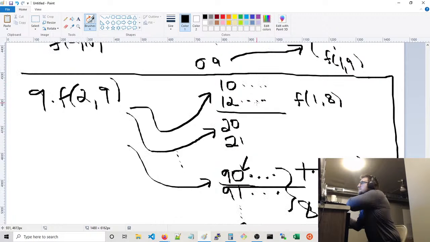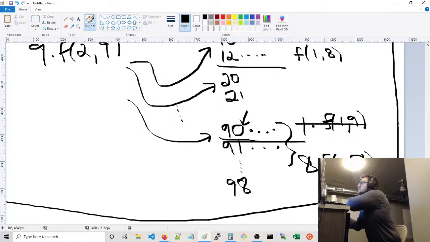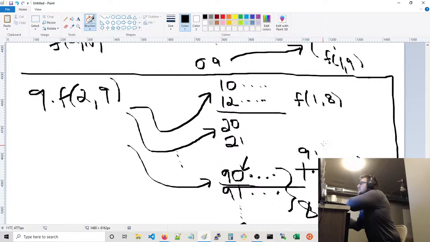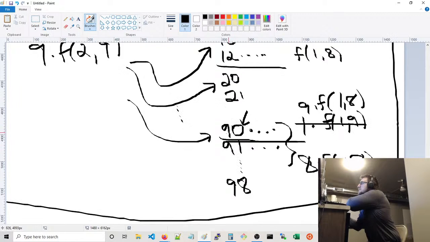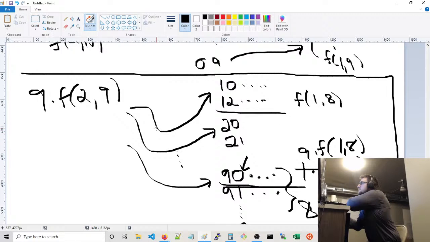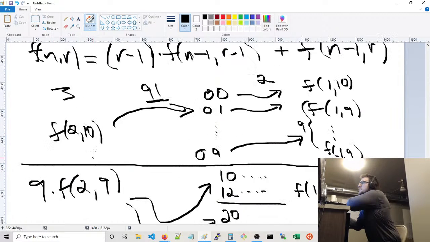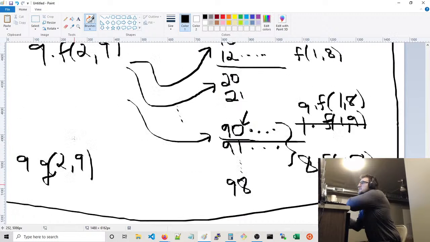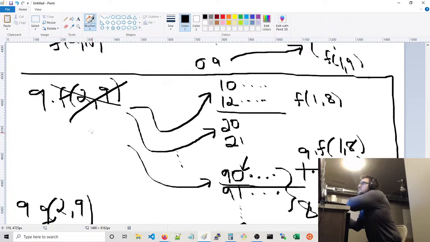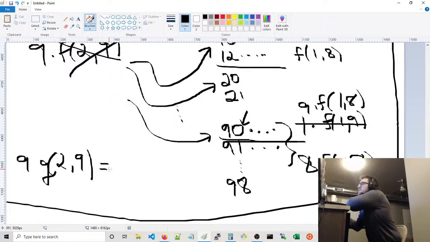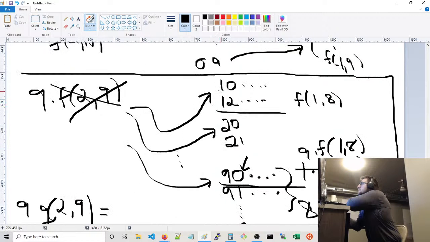It's actually going to be 9 times f of 1, 8, and this happens 8 times. We're going to call this g of 2, 9. Use a different function, so we'll have f and g.